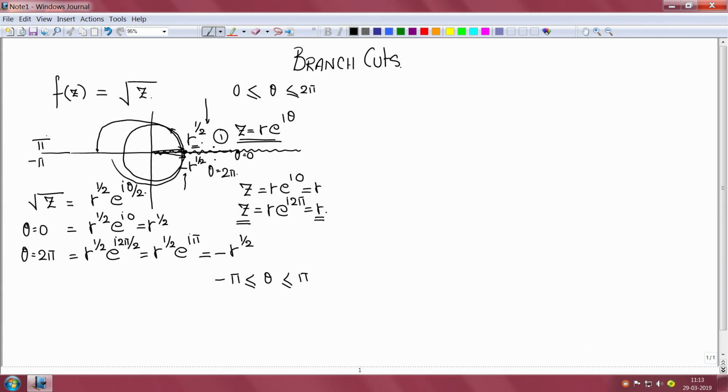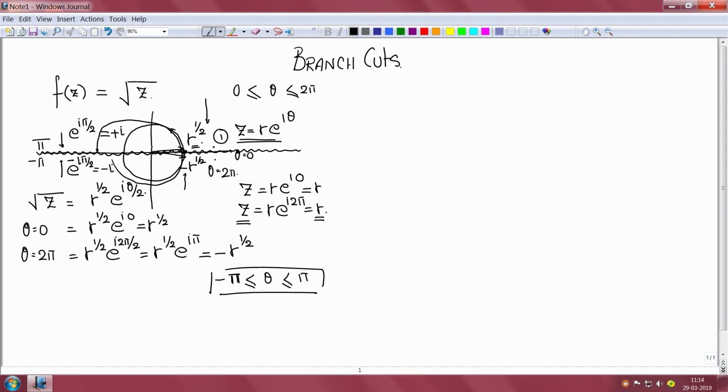If we choose these limits, then this line becomes the line of discontinuity, because I will get e to the power i pi by 2 here, which is equal to plus i, and I get e to the power of minus i pi by 2 here, minus i. So this line will become the line of discontinuity for square root of z. So based on this choice of theta, I will get a line of discontinuity.